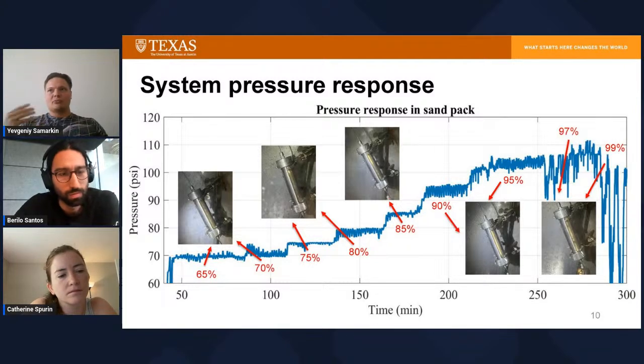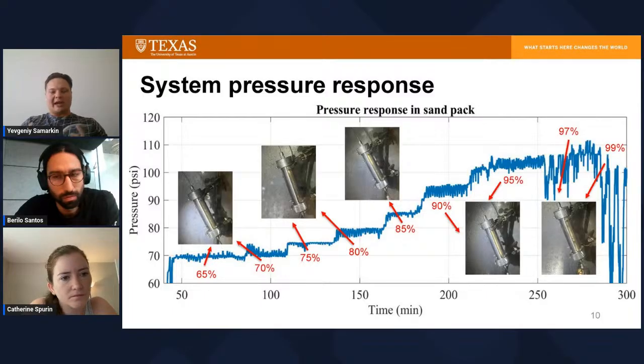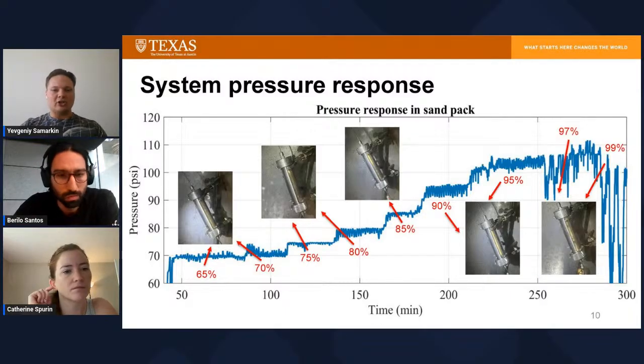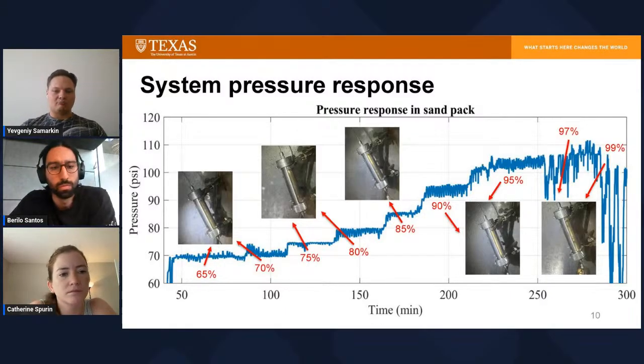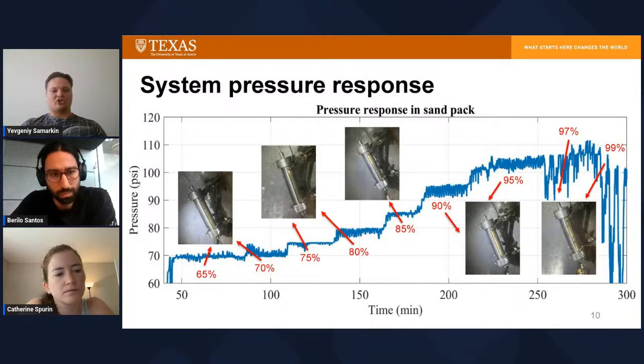For sure, for the higher foam quality, it becomes less accurate, but this is the maximum that we can do, because that's the typical behavior that you would expect when there is a lot of gas in the system. And you can also see on that picture that you really have those slugs of the gas flowing through the system, and that affects the pressure drop readings that you have.